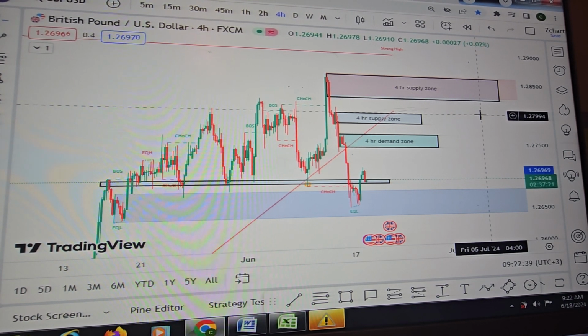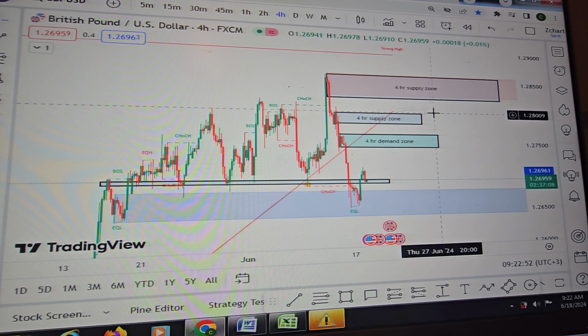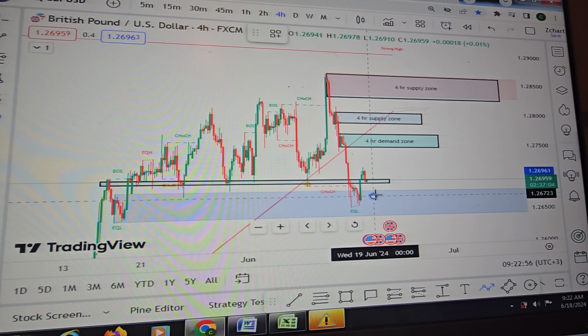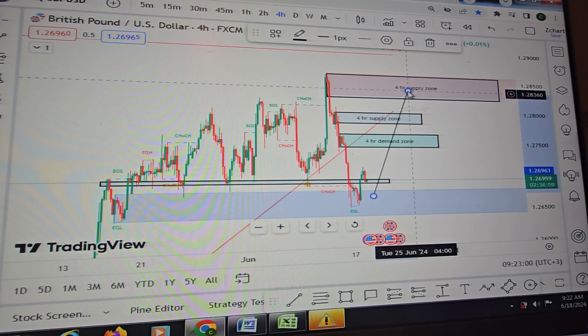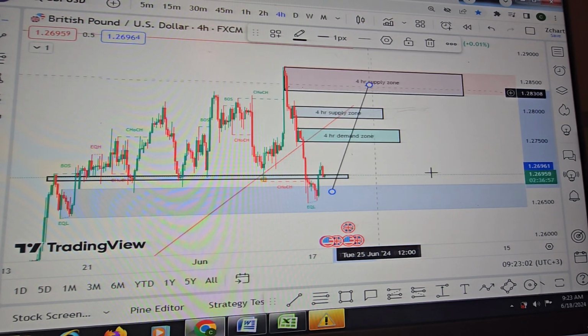The characteristics of a good order block is that it should also have liquidity, and it should have an imbalance. And here we can see it has both. So at least we expect price to come back here and react mostly from here, and then come downwards.